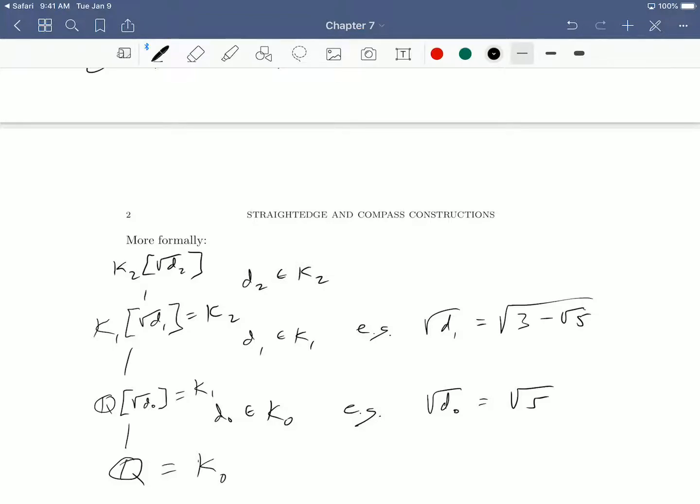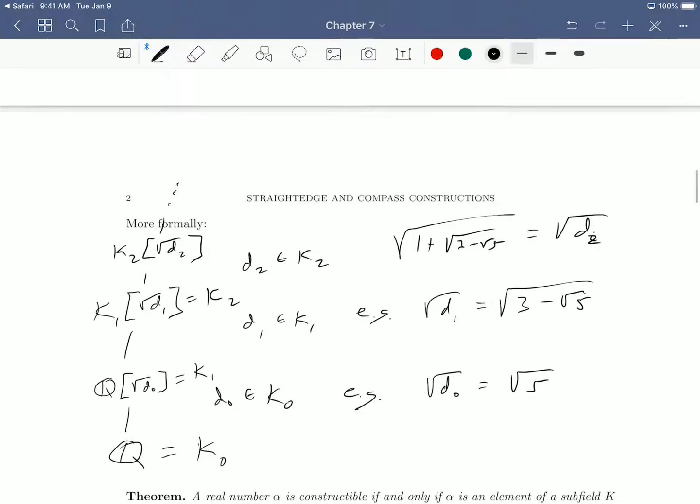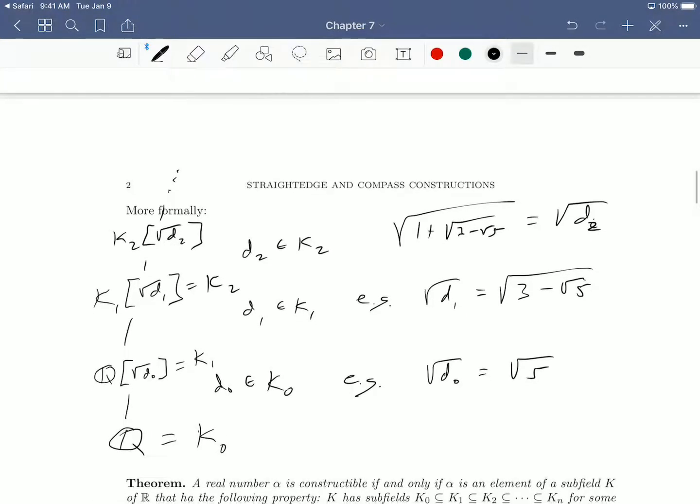So this might be the step where I know now I can make 1 plus root 3 minus root 5, and so then I say, let's take that length and let's take the square root of it through our construction, and that might be what I mean by the square root of D2, and we can keep going like that.